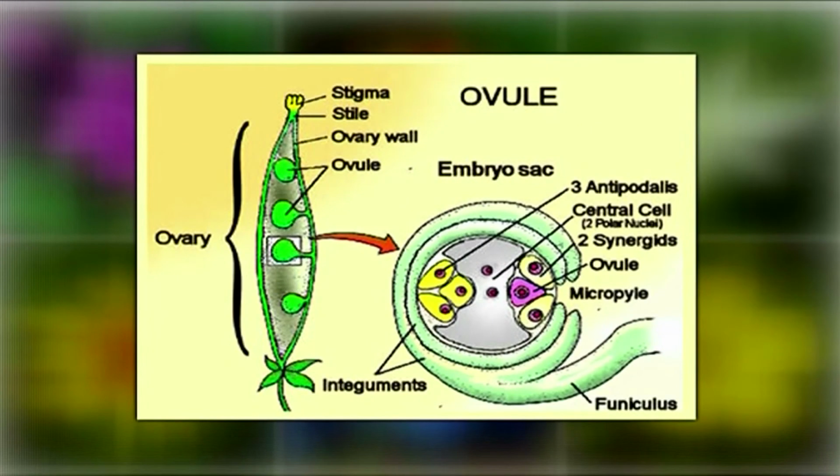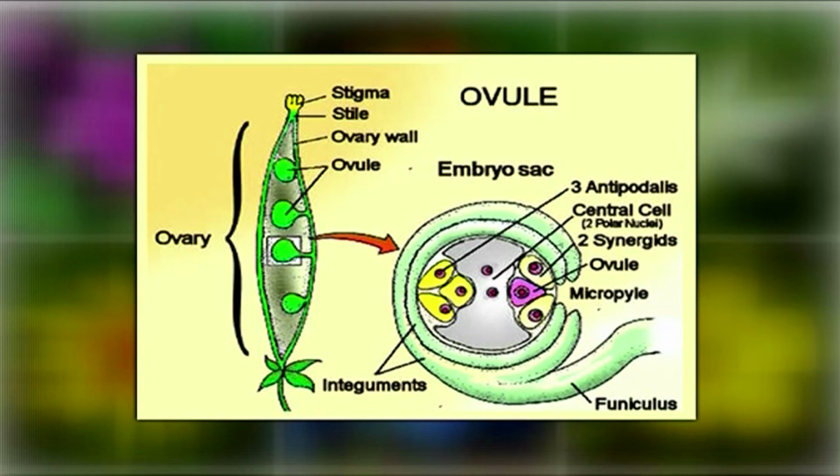Before fertilization, the ovule consists of 1 or 2 layers of integuments surrounding the remains of the megasporangium called the nucellus and an embryo sac with a small number of cells and nuclei, including one egg cell and 2 polar nuclei, which together with a sperm cell form the primary endosperm nucleus.